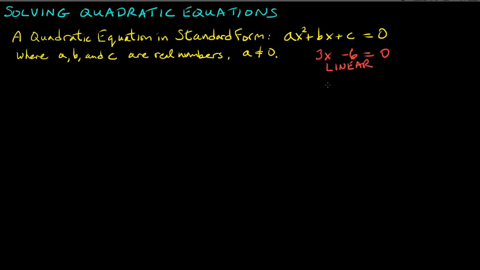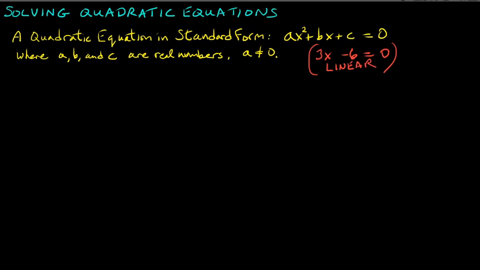So without the x squared term, it's not considered quadratic, it's considered linear. So b or c could be 0, but not a.